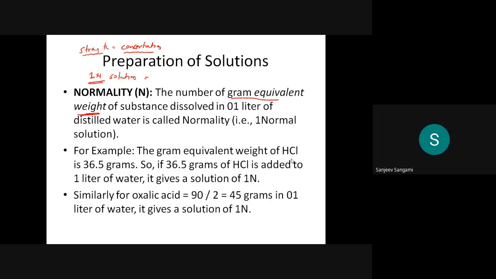And we have discussed some of the chemical formulas which we frequently use in our laboratory, and how they can be prepared.